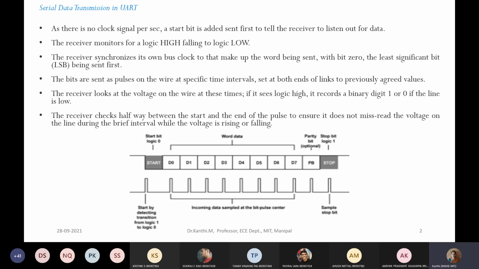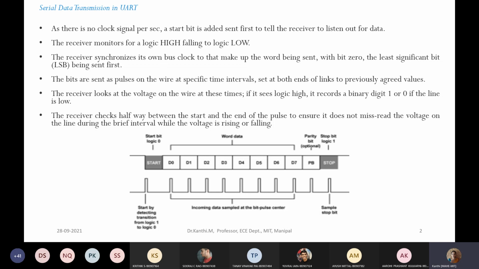It is using its own bus clock for monitoring everything, and at specific time intervals you send the data. This is just to know about the basics of UART.